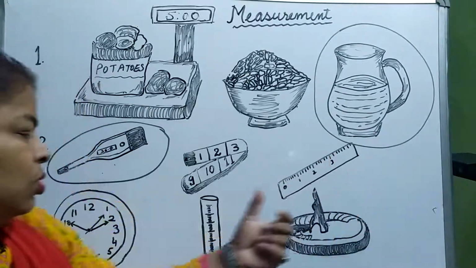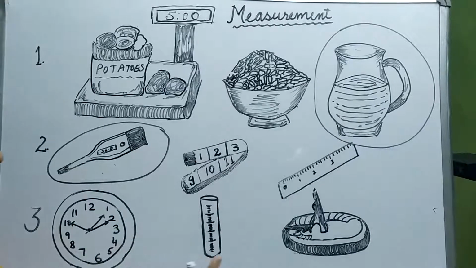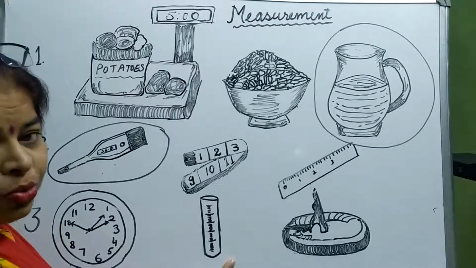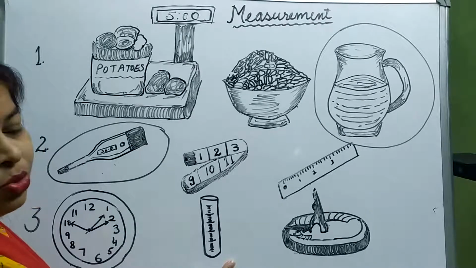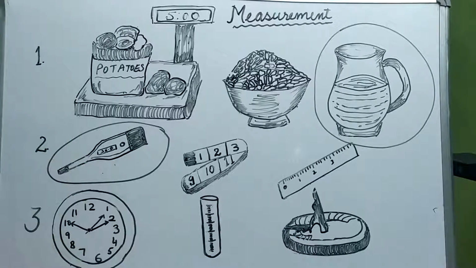Clear? So, next one. Come to the next row now. What about this? What is it? Clock. This is a test tube, a graduated test tube. And this is a sundial. Now, what is it used to measure? Just to find out the time. What is the time, hours during the day or night?